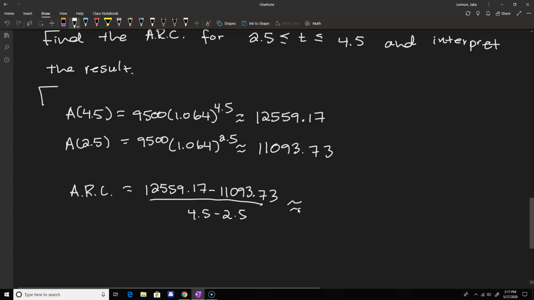So just typing that into the calculator. So we get our answer of 732.72.